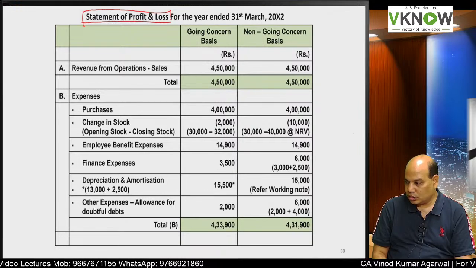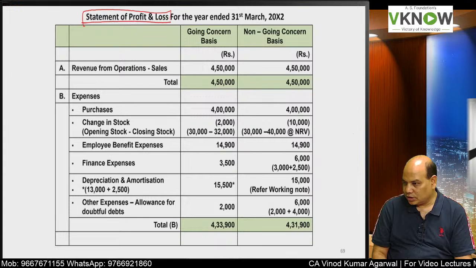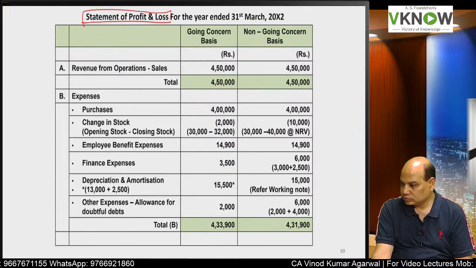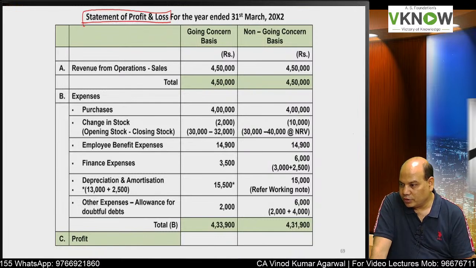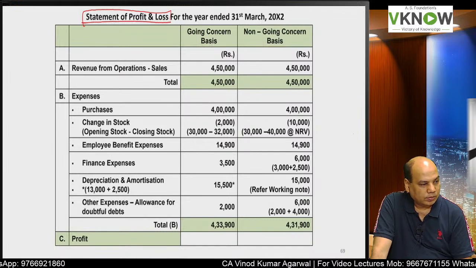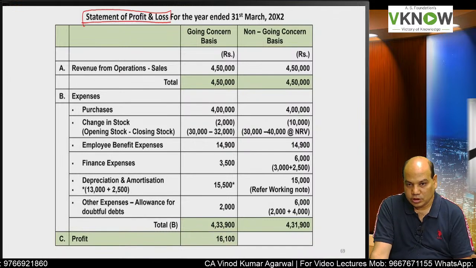Yes, one student got it. Mr. Rahul Sundar, have you got 431,900? Got it. Very good. So what is the profit in the first column? 16,100. And second column?